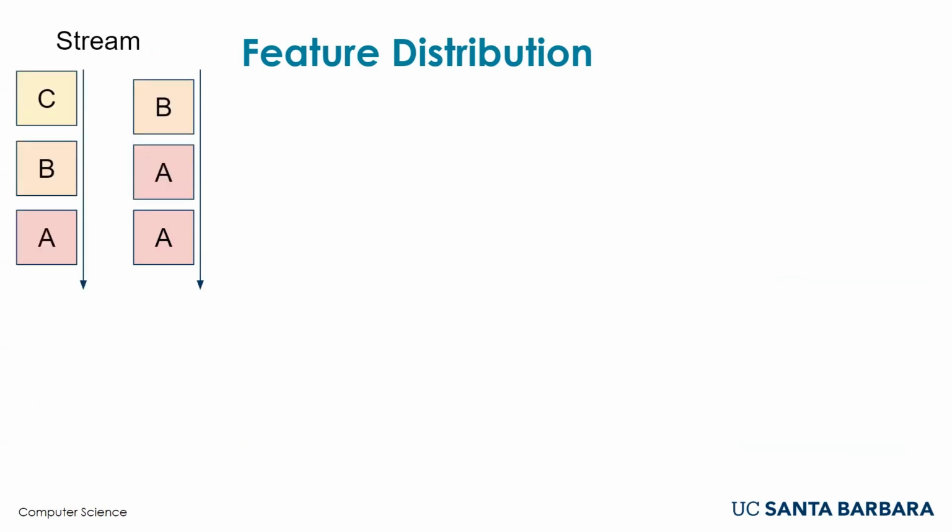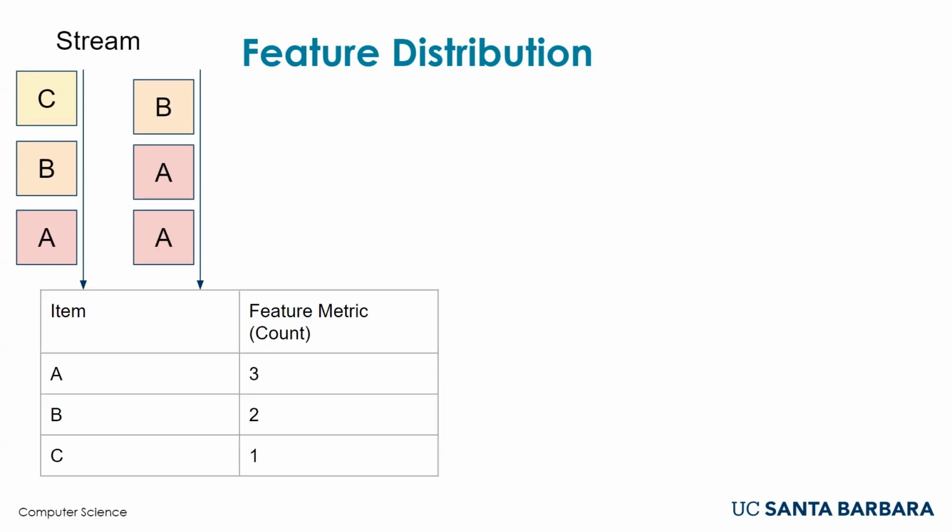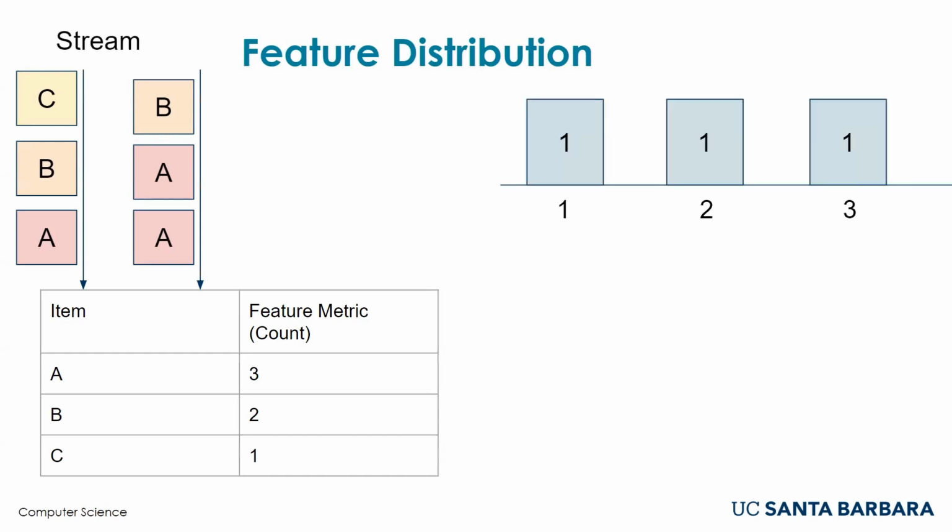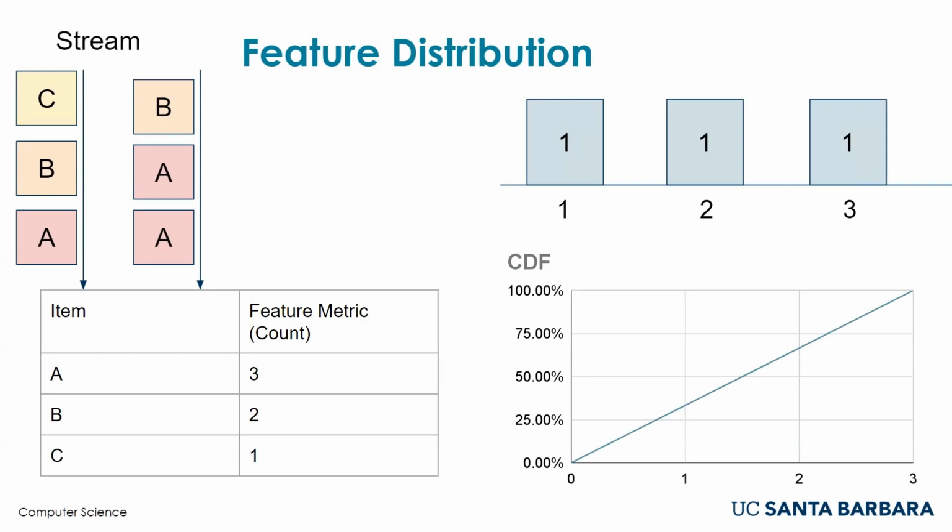Next, assume 2 A's and a B arrive. At this point, feature A has a metric value of 3, and feature B has a metric value of 2. If we look at the feature distribution, which is represented by the cumulative distribution function, it looks like a straight line. In the real world, often the stream follows Zipf's law.